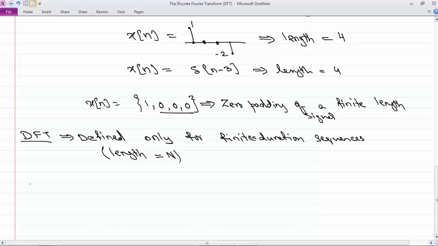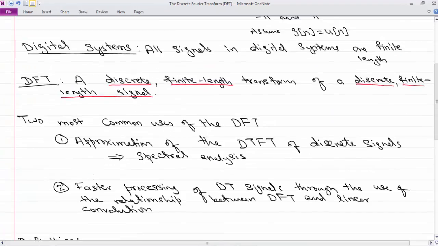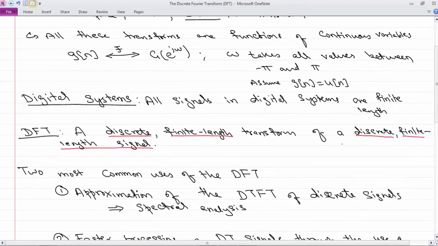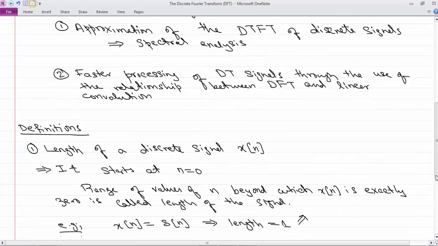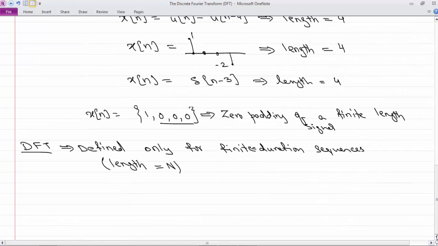Okay. So that explains this part of what I called DFT, that it's a transform of a discrete finite length signal. We defined length. We said DFT is defined only for finite length signals. Let's now talk about the second part. The DFT itself is discrete and finite length.